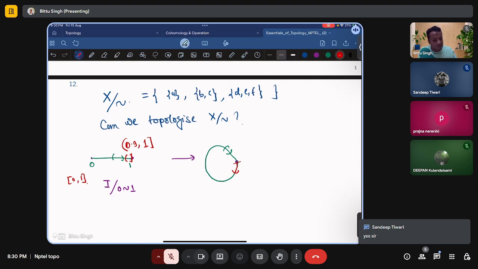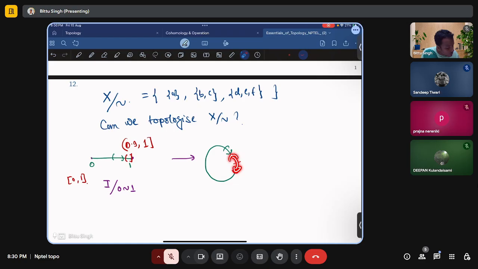Okay, so that is how the topology will be defined. We'll say something is open here if and only if the pre-image is also open here. So though this is not open, if we take this thing from here to here, and from here to here, this will become from here to here like this.